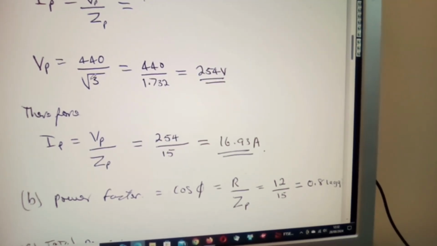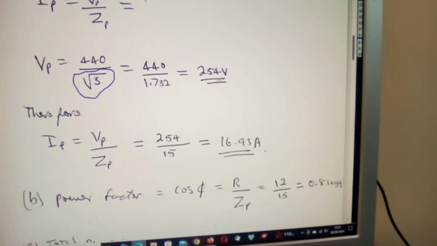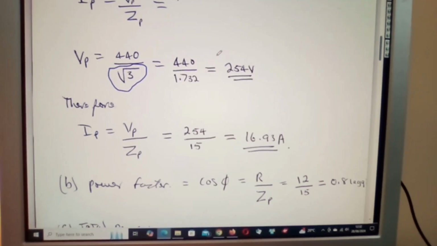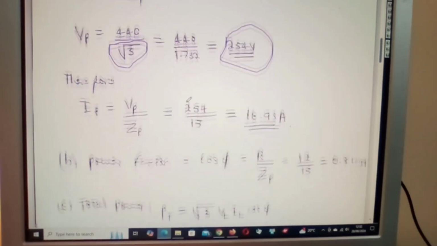Now confirm that for yourself. Make sure that you understand how the square root of 3 is equal to 1.732, okay? That gives us 254 volts. Let me just circle it for you, okay? So you can see where I'm talking about, okay?